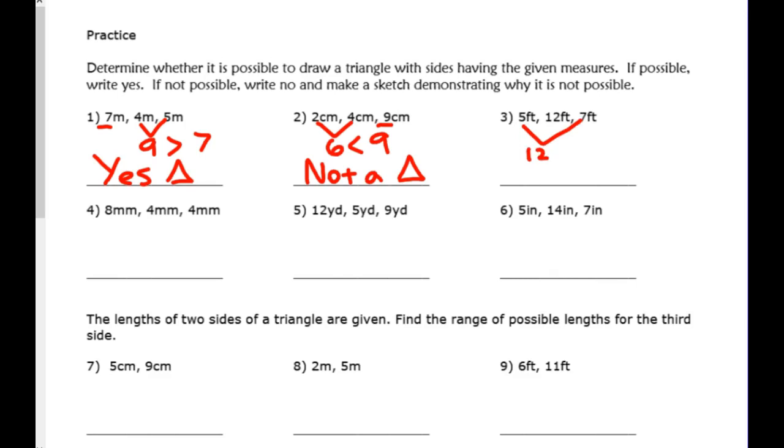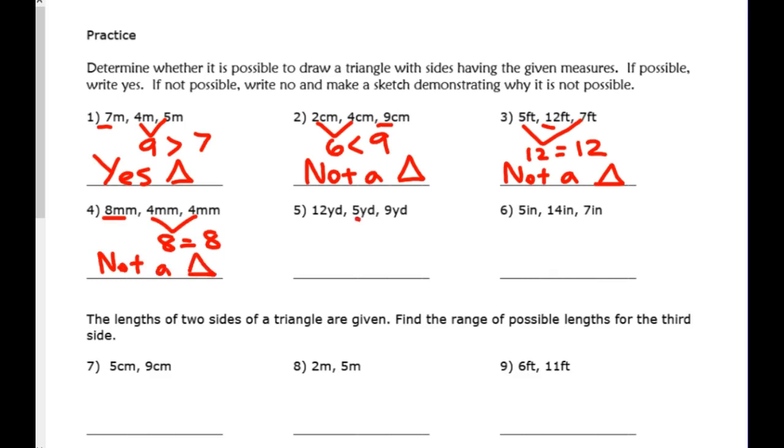Is that less than, equal, or greater than 12? Equals 12. What do I do for equals again? Not a triangle. That's the one that makes a flat thing. Number 4, what do I do? 4 plus 4 is 8. Is that less, greater, or equal? That's equal to 8. So not a triangle.